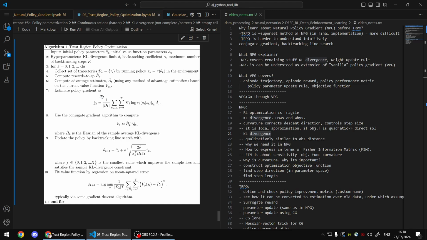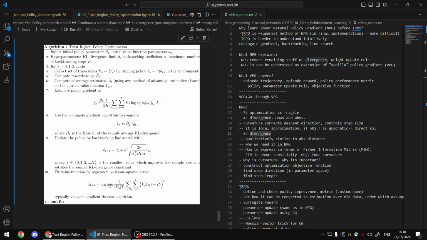And then update the policy by backtracking line search with, etc., etc. It's just crazy. If you haven't encountered such algorithms, you probably are really desperate, depressed, I don't know. So this will be my chance to give my thoughts and do a small crash course on all of these topics.